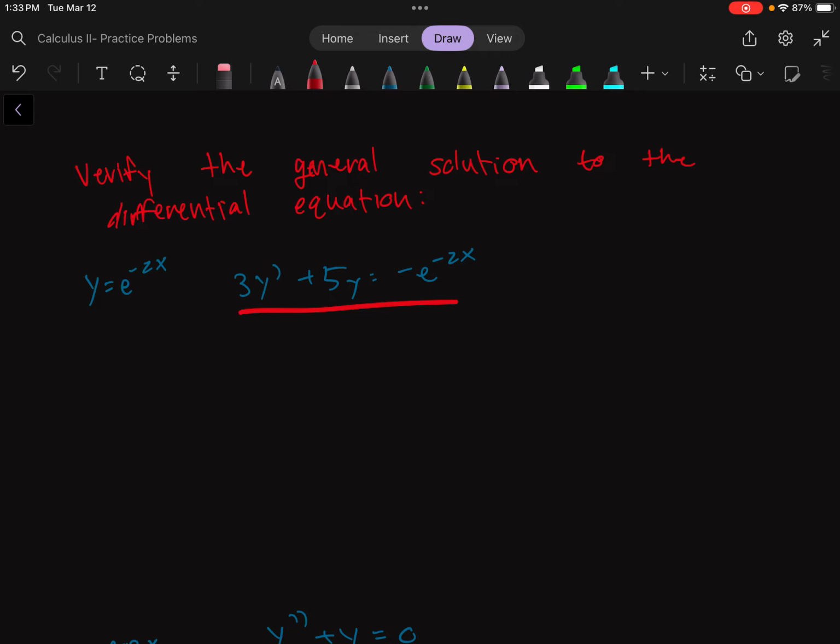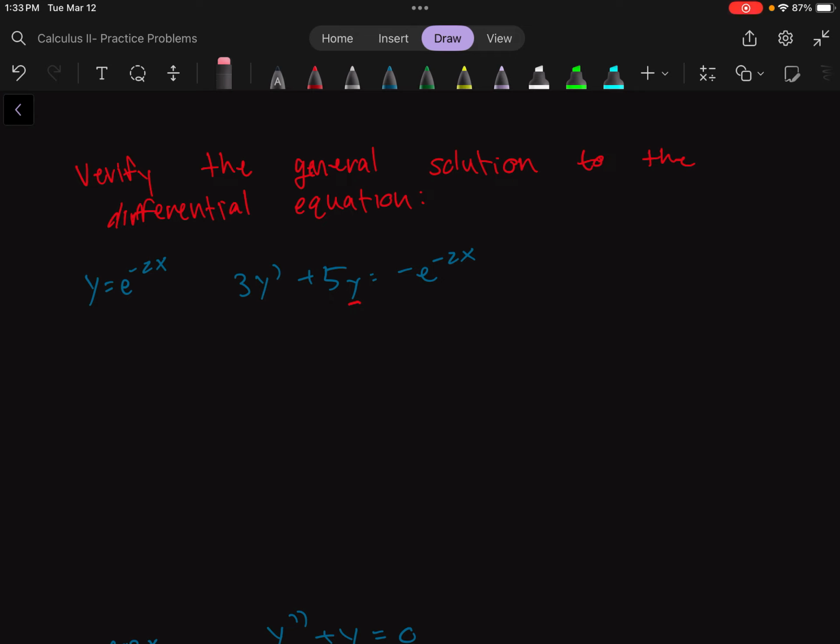And in the differential equations class that you might have in your college, you're going to be able to find these functions. But in calculus, we're not concerned about finding the functions, we're more concerned about verifying that they are the general solution, right? So in order to prove that this is the general solution, let's just plug in y and y prime.